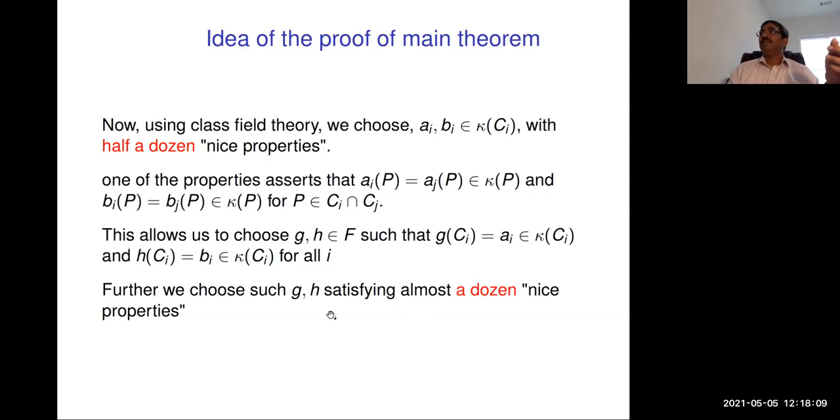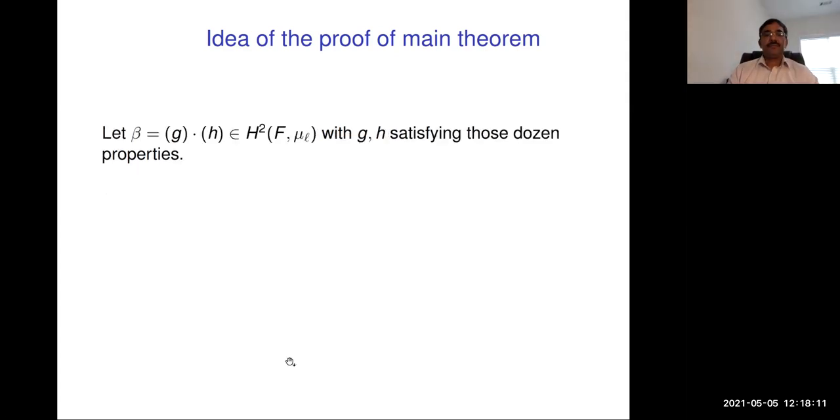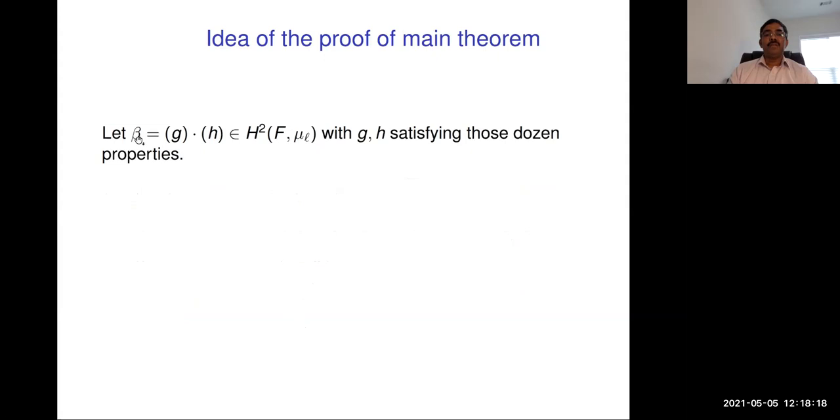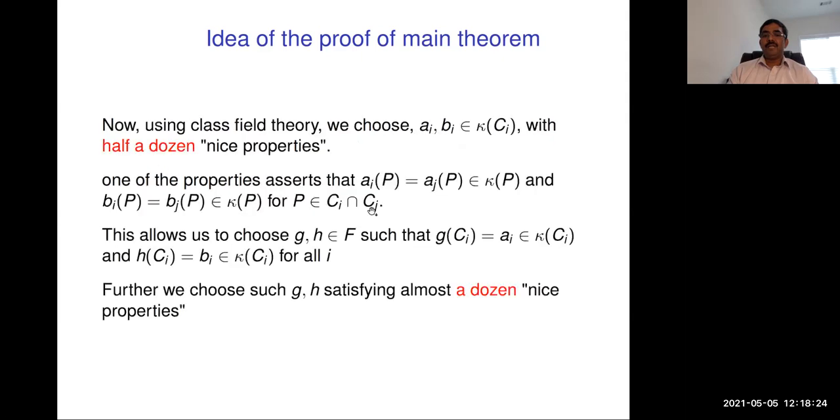But okay, so what do we do with this? Once we choose this g and h, as I said before, take beta to be g dot h. This is an element in H^2(F, mu_l). And here, of course, we are trying to lift this g and the a_i's and b_i's.